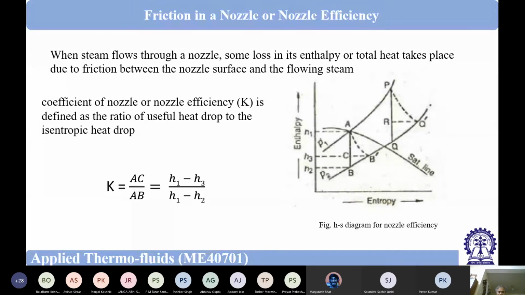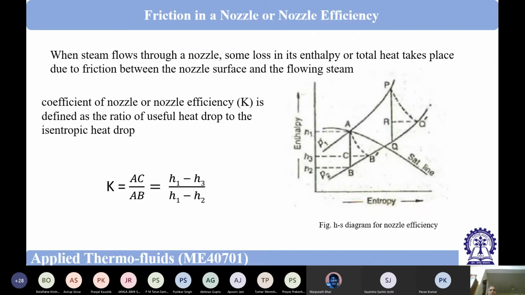And this diagram has got another name. It is called Mollier diagram. M-O-L-L-I-E-R, Mollier diagram or Mollier chart. Earlier days, when we did not have calculators, computers were not there, people used to have this Mollier chart and do calculations graphically with the help of it.